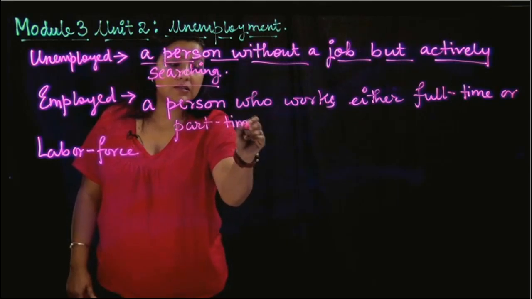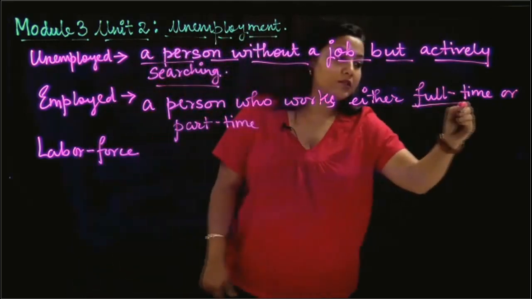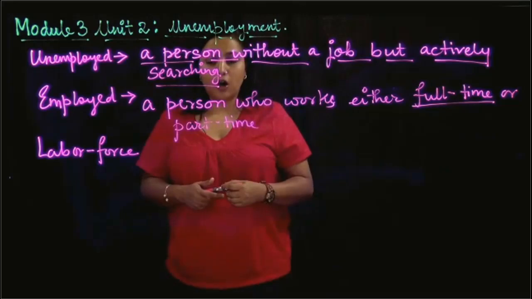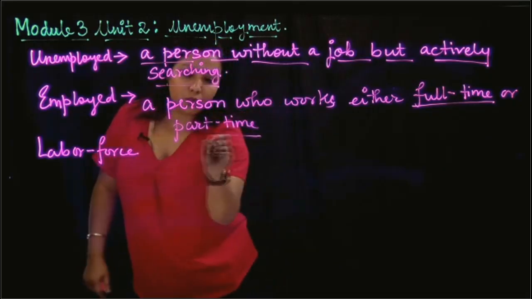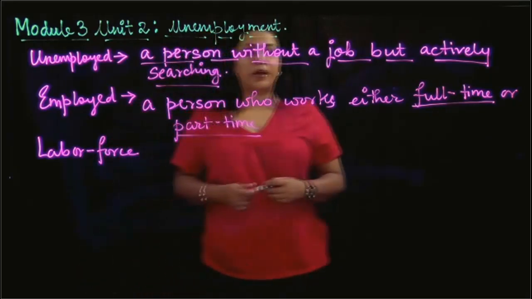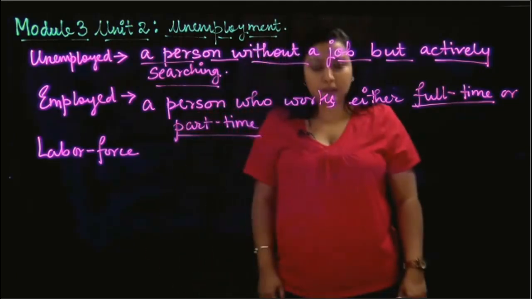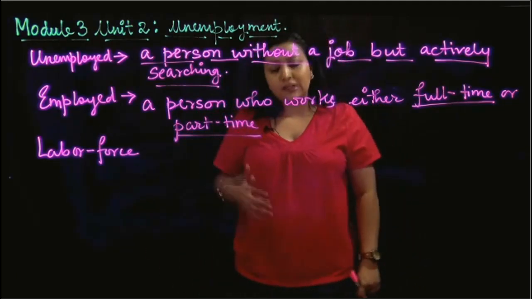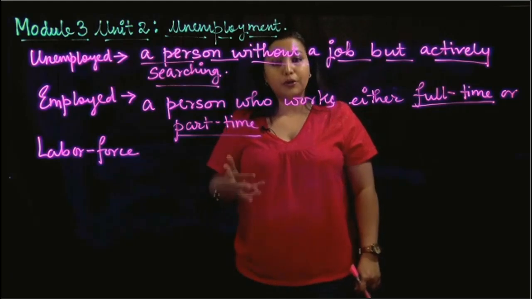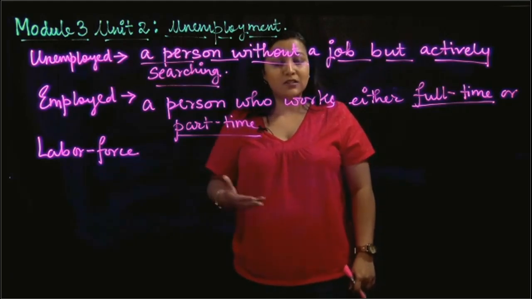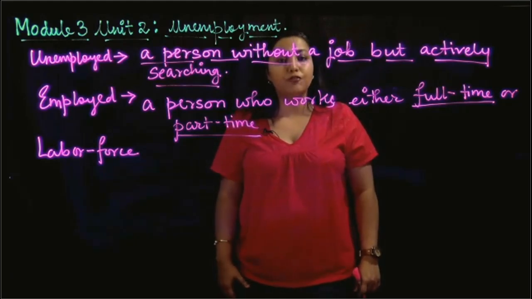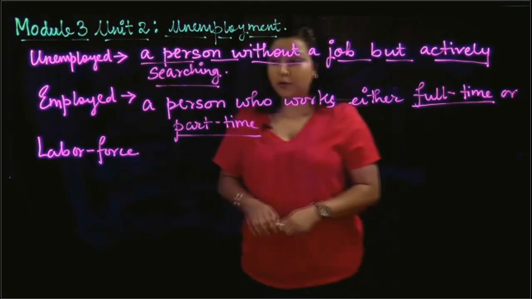In this case, full-time work means working at least 35 hours per week, and part-time work means working at least 20 hours per week. So that means an employed person is anybody who works at least 20 hours or more during a week. Once again, that is the standardized definition of employment or an employed person.